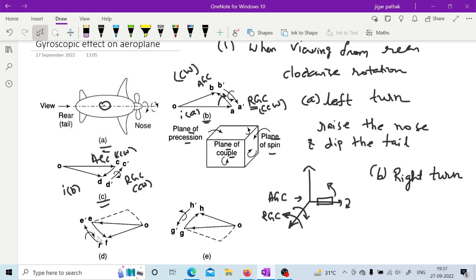The reactive gyroscopic couple is initiating the nose rise in the first case; in the second case, it will dip the nose and it will raise the tail.